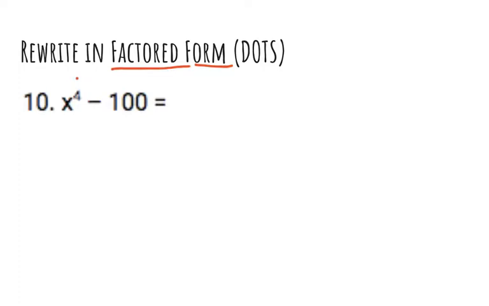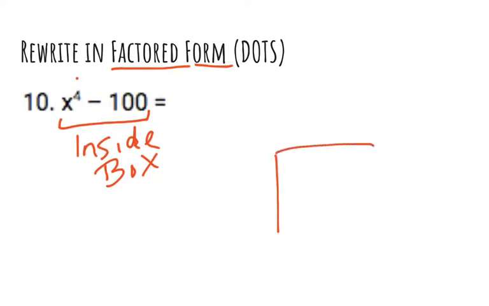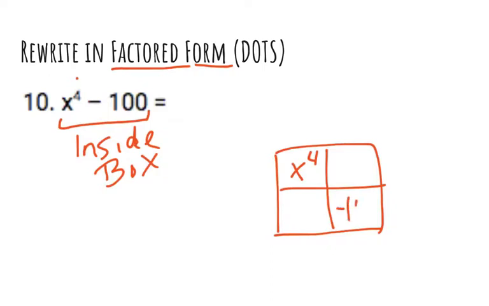In this example, I'm going to write this area inside the box. So let's do that over here. My x to the fourth, that first term goes first. And in my last box, I don't just have 100, I have negative 100.